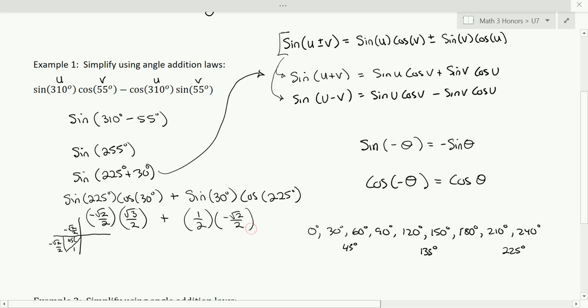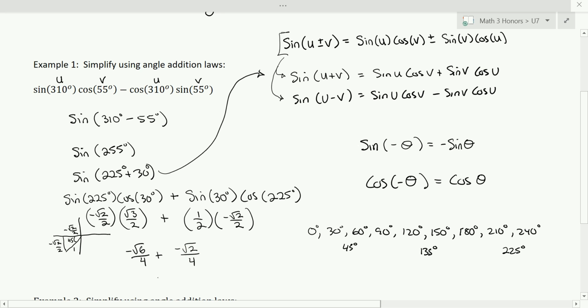So now we're approaching an answer here. Now I can multiply these fractions together. What's negative root 2 over 2 times root 3 over 2? Negative root 6 over 4. And then plus, I'm going to end up with a negative root 2 over 4.